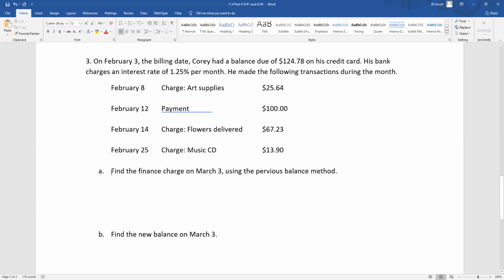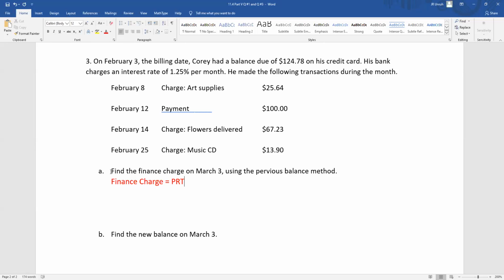It says find the finance charge on March 3rd using the previous balance method. So the finance charge is equal to simply PRT. Finance charge is another way of saying interest. How much interest did Corey have based on the previous balance method?